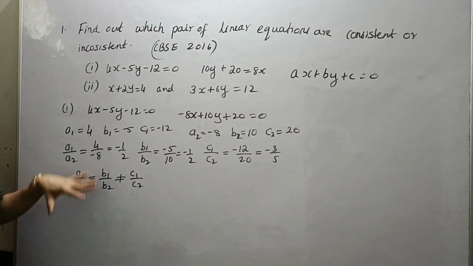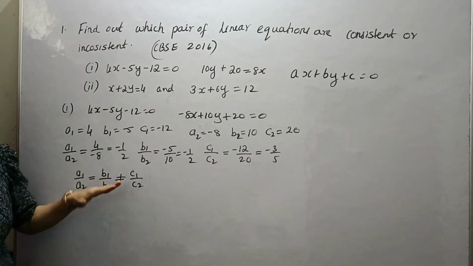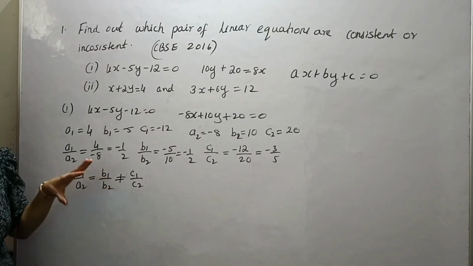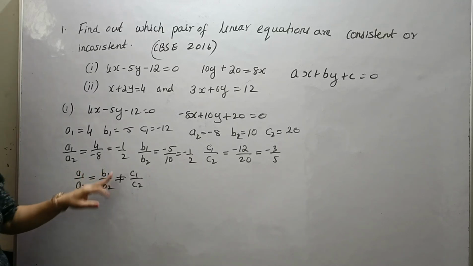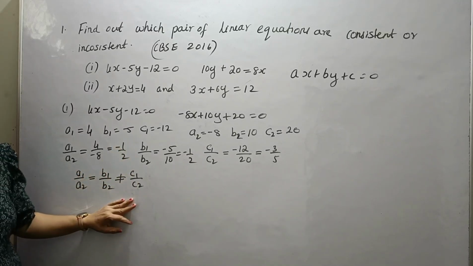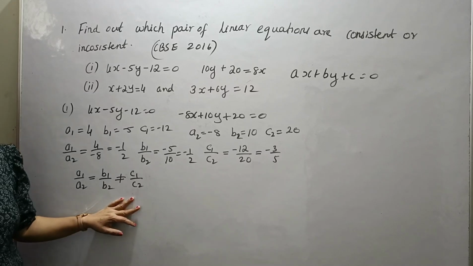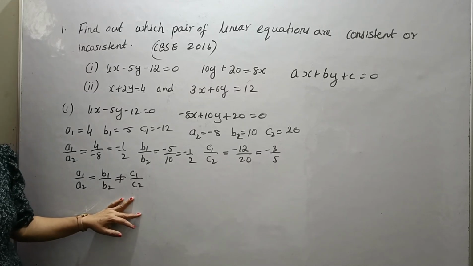So here we can say the nature of lines and consistency. According to this, we know that if a1 divided by a2 is equal to b1 by b2 is not equal to c1 by c2, then the lines are parallel and the equations have no solutions.